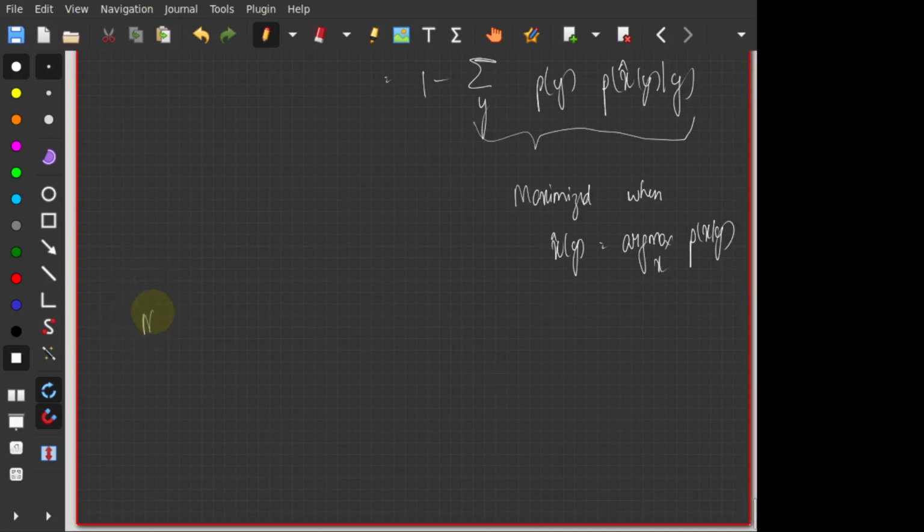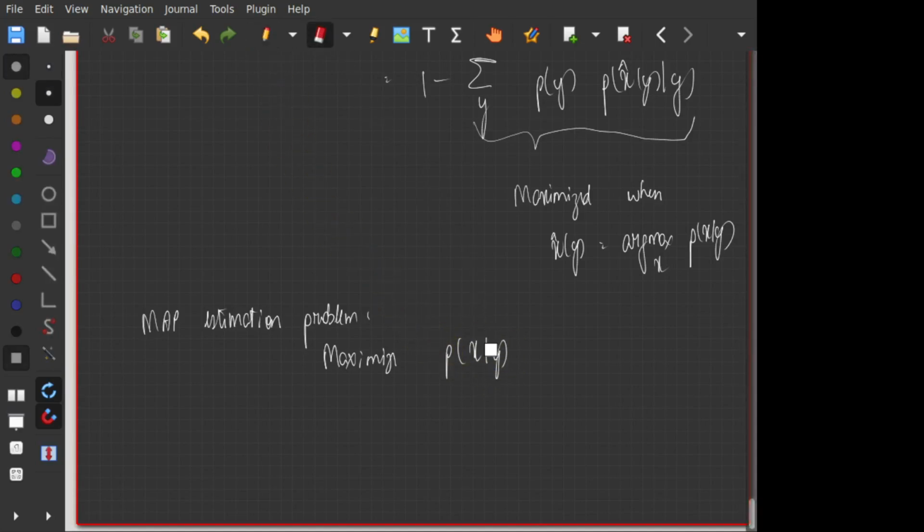Okay, so the MAP estimation problem generally is you maximize p x given y or p x comma y, over x.